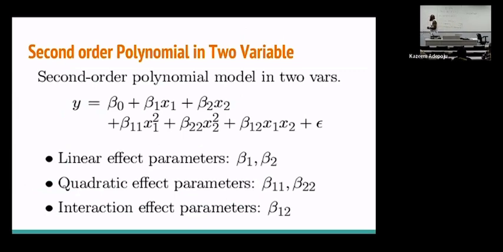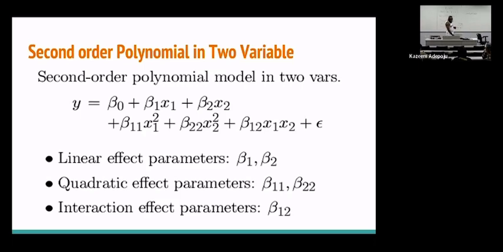Why do we need interaction in a model? Why is it that the linear effect is not enough, the quadratic effect is not enough? Because the effect of a particular explanatory variable on a response may depend on another explanatory variable. That's why we may need to include interaction effects.